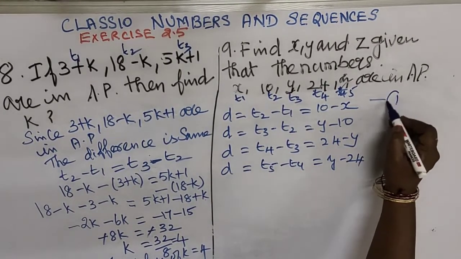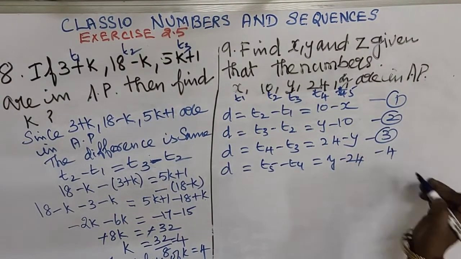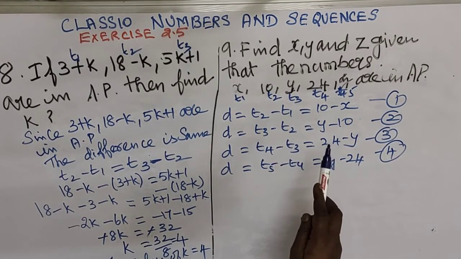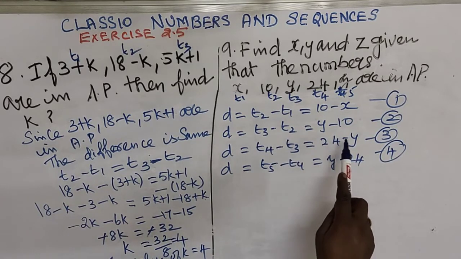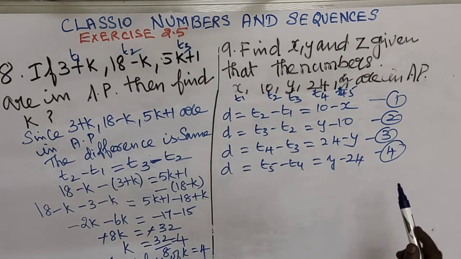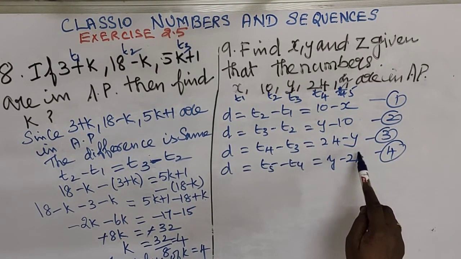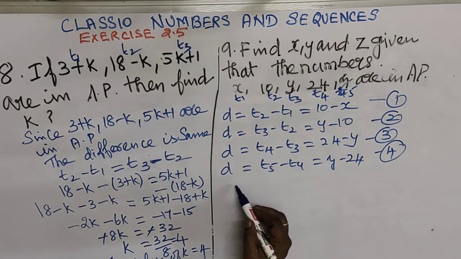Number these as 1, 2, 3, 4. Since the numbers are in AP, the differences will be equal. In the second and third equations, y is there, so we can equate 2 and 3.